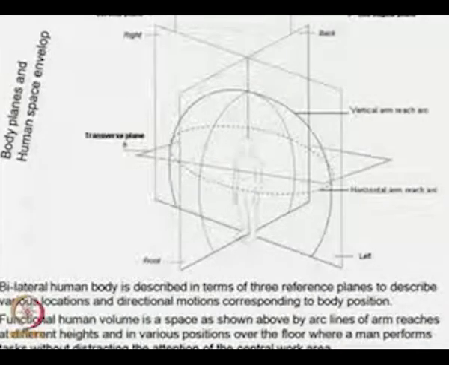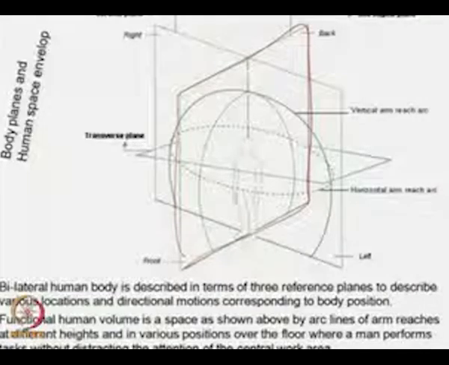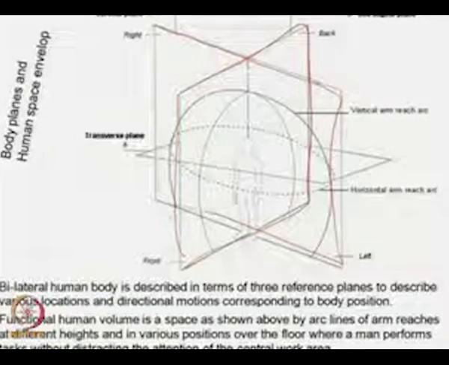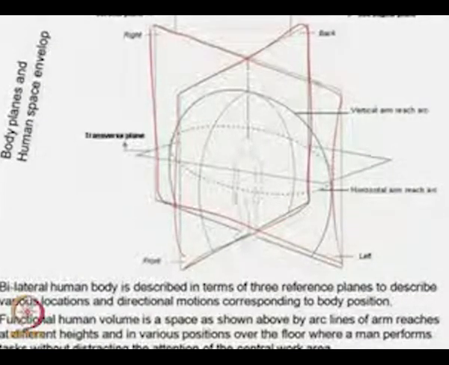The different parts can be described in 3 different planes. Then there are the right side and left side, then back and front, and a transverse section covers the upper and lower portions. All these arcs are the arm arcs. When we raise and extend our arm, this is the total arm arc at different heights.